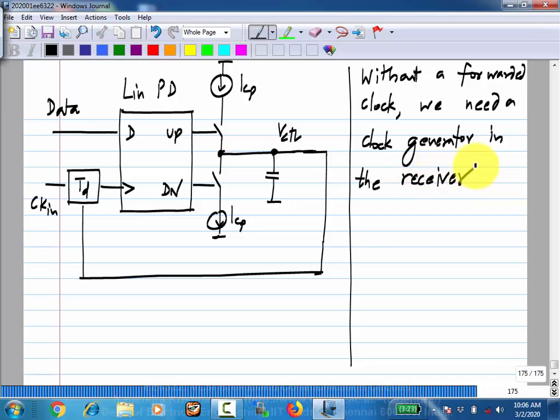We have to have something that generates this periodic clock. And of course, it should have a variable frequency because we don't know what the exact frequency is. We need to be able to vary it so that it gets adjusted to be the exact same as the transmit frequency, right? So what is such a block that you know, something that generates a variable frequency? A VCO, voltage controlled oscillator.